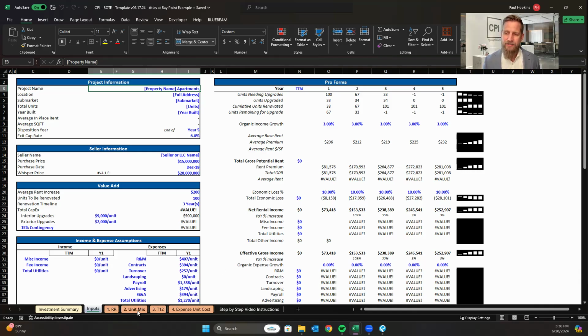And the reason I do this is because I like to get a little bit more granular on the data, right? So I'm a geek in the sheets. I love spreadsheets and I love data.